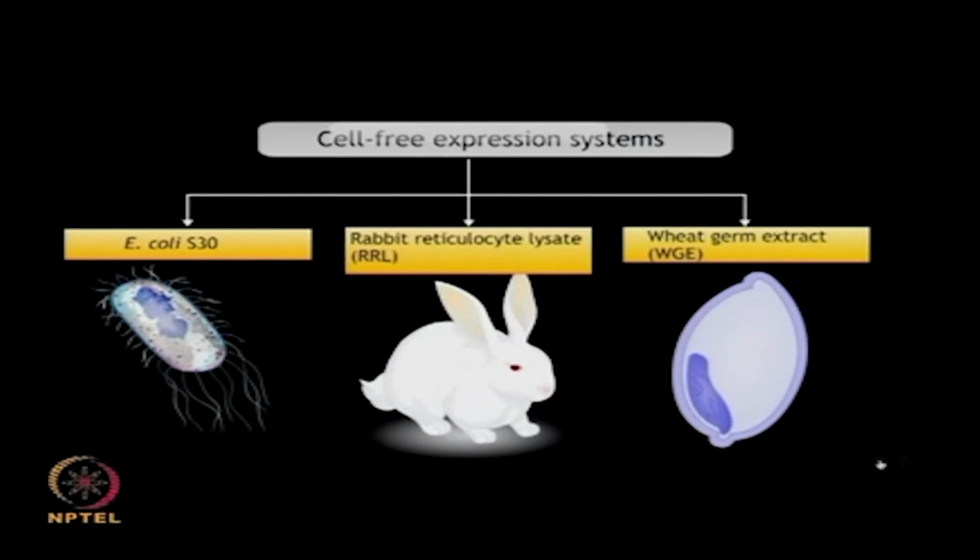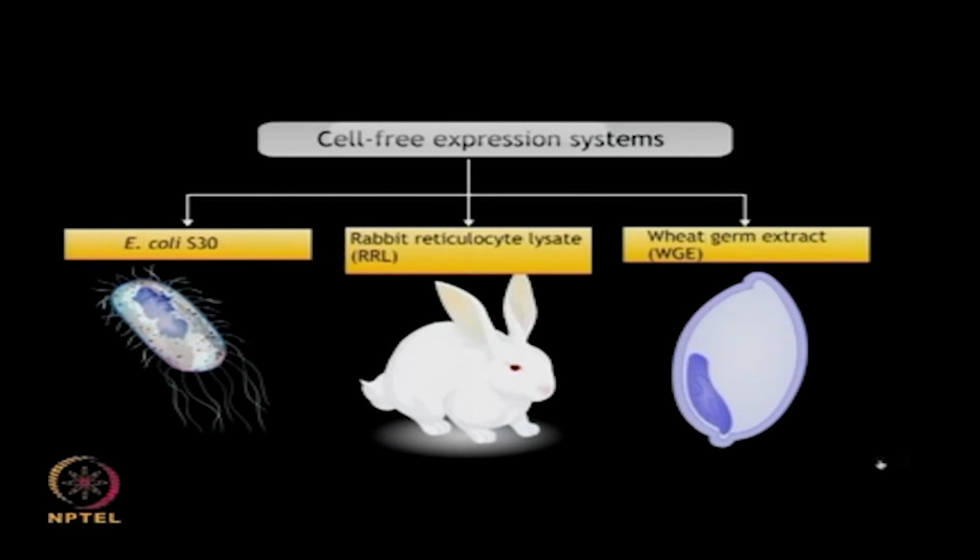Next, we will talk about rabbit reticulocyte lysate or RRL, a mammalian cell-free expression system that also gives protein yield of around 6 mg per ml. This system is more suitable for expression of full length eukaryotic proteins from plant and animal sources that require proper protein folding and post-translational modifications.